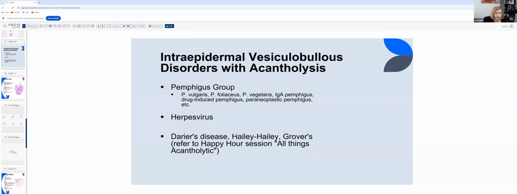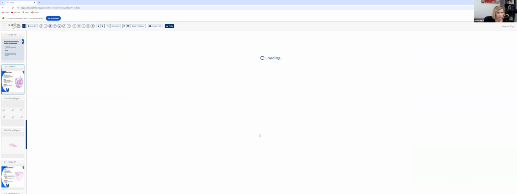And then in the differential diagnosis of these disorders, we have Darier's disease, Hailey-Hailey disease, and Grover's disease. These are discussed in more depth in the happy hour session entitled All Things Acantholytic. So I would encourage you to refer to that talk to go into more detail about these entities.